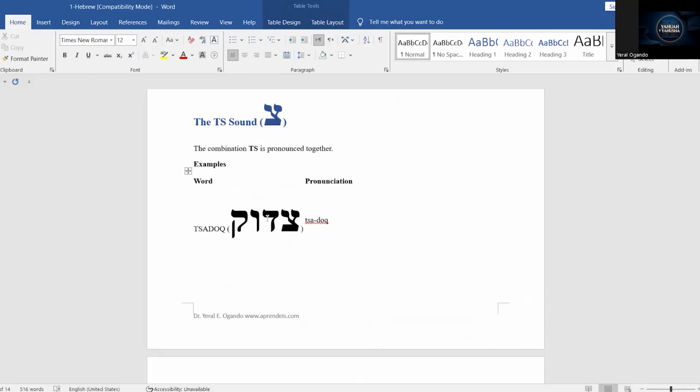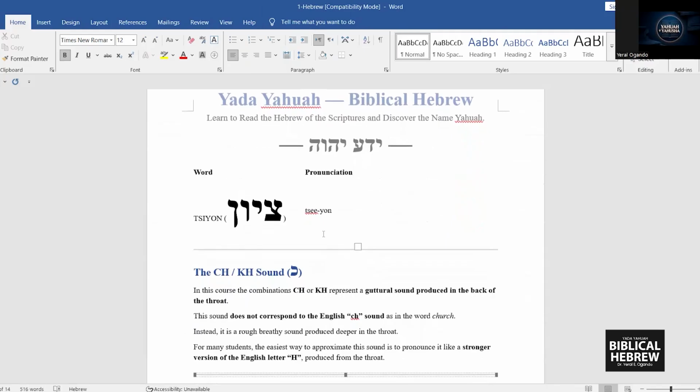And this is a good one for you to understand. You see the letter we have over here? The letter we have over here is wow, which is the U sound. But in some cases, it's the O sound. Like in this word, it's Tzadok. Okay, it is the U sound, but in this word, it's pronounced like O. So it is Tzadok.